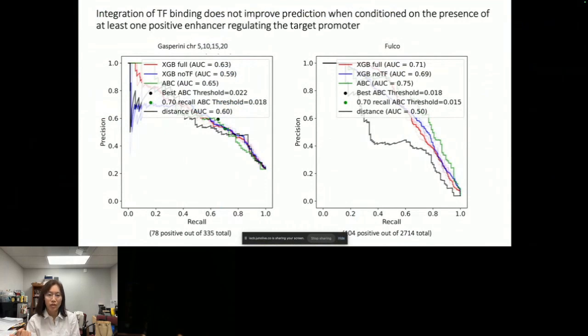So we interpret it as: if you have a gene that has a large-effect enhancer that you know is targeting the gene already, then to find that enhancer in the vicinity you only need Hi-C and the enhancer strength measured by histone modification, and additional transcription factor information did not help in the prediction.